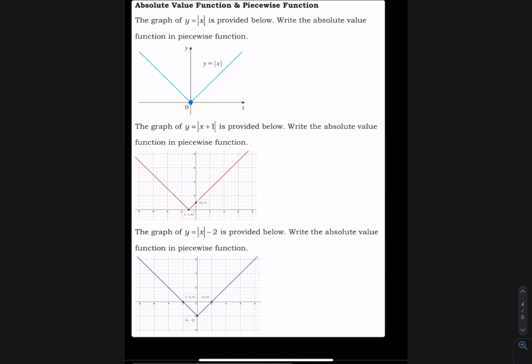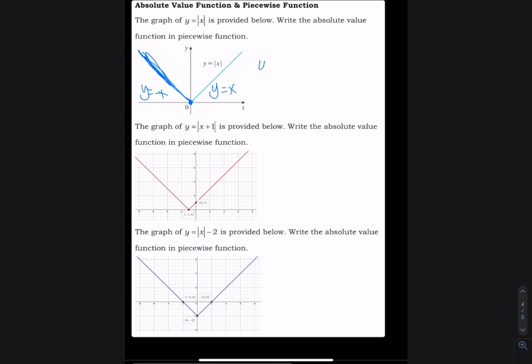broken down right here. So this piece, if you just look at this line itself, what is this line? This line is y equals negative x, right? The slope is equal to -1. This is y equals x because the slope is positive.